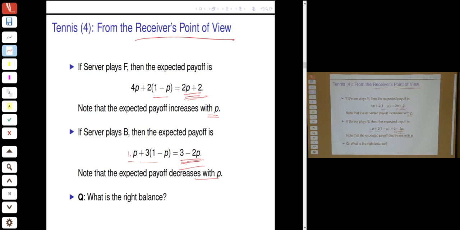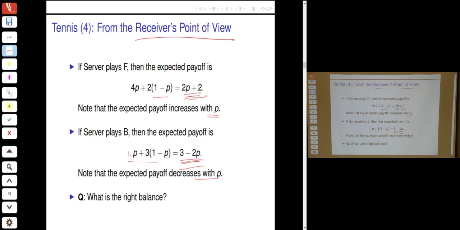But that will work in your favor only if the server plays strategy F. As soon as it plays strategy B, this is going to harm you badly, because when the server plays B, your expected payoff actually decreases with P.